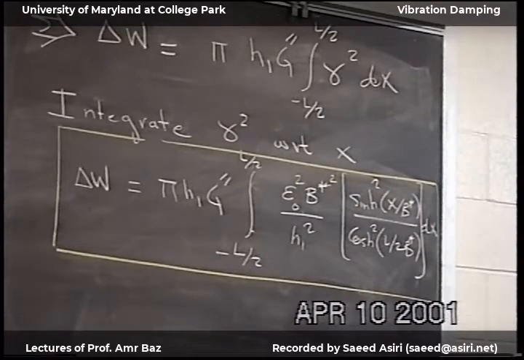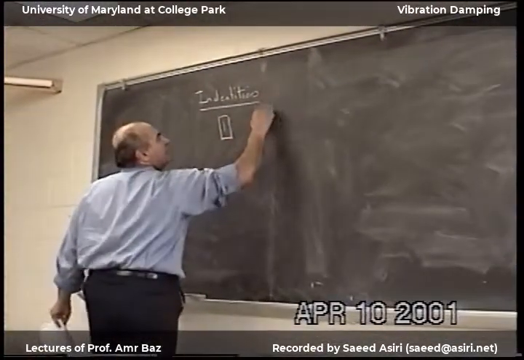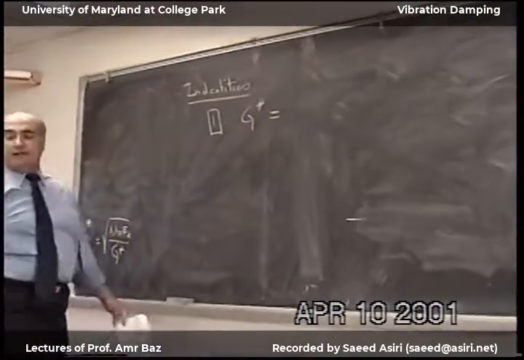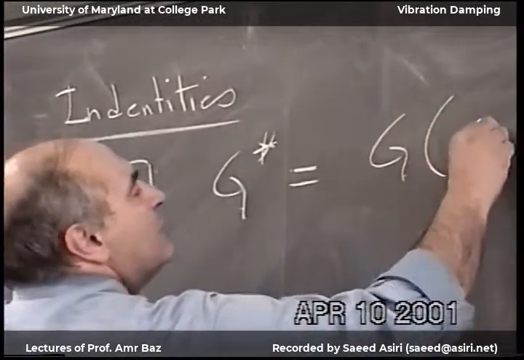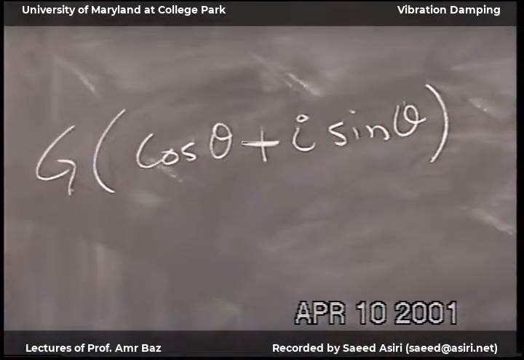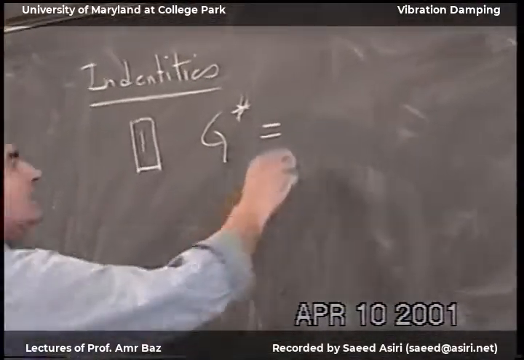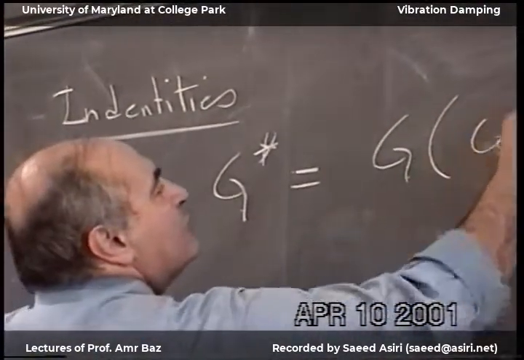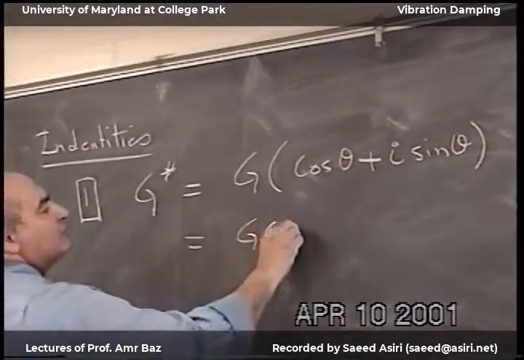I'm gonna just put some identities. The first one, G asterisk. I'm gonna call this G cosine theta plus I sine theta. So this is in effect saying that this is G cosine theta.